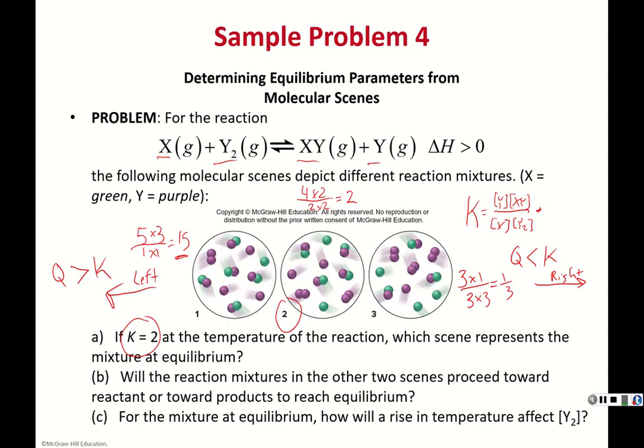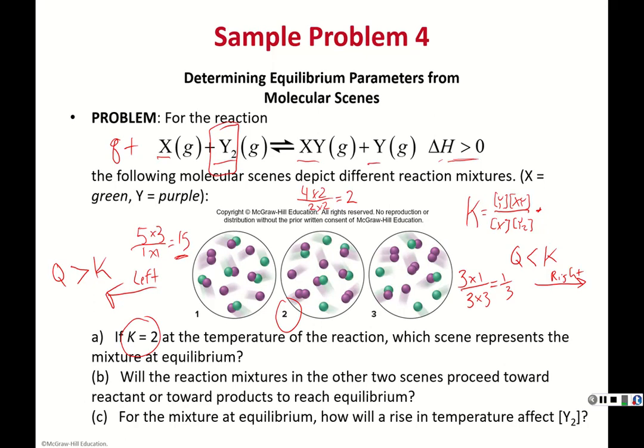Okay, and then finally, for the mixture at equilibrium, how will a rise in temperature affect the concentration of Y2? So remember, Y2 here is a reactant. This is an endothermic reaction. So what does that mean? That means heat is a reactant.